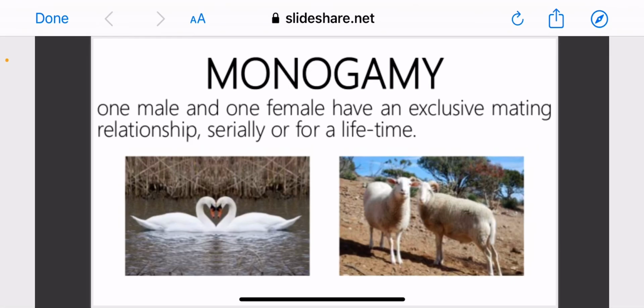We call it monogamy if there's one male and one female which have an exclusive mating relationship serially for a lifetime. Just like in human beings, we are said to be monogamous, while there are exemptions to some polygamous. So in animals, there are also cases like monogamy.